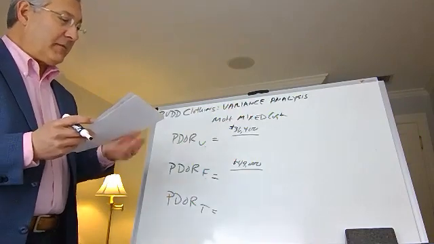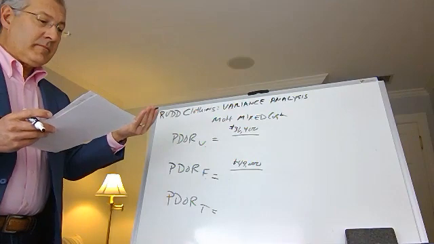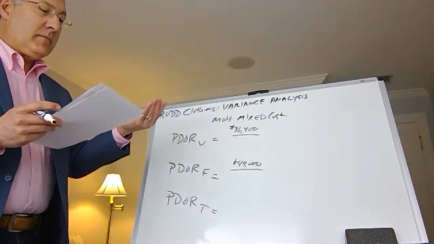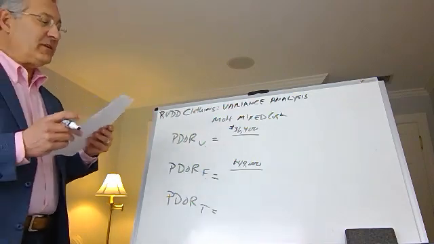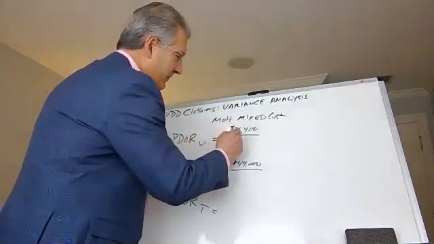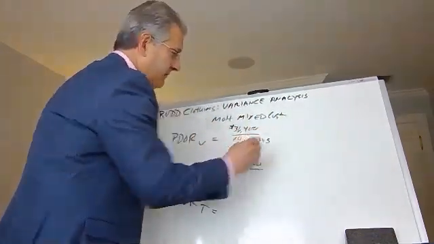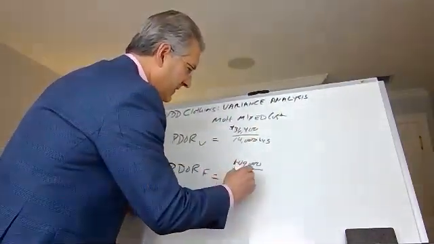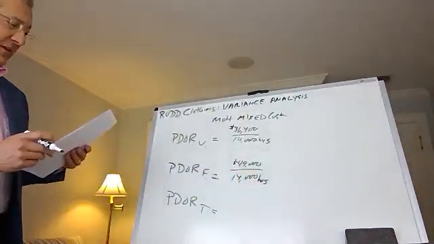Let's go back to the problem. First paragraph, last sentence: the month of May, when normal capacity was 14,000 direct labor hours. So the estimated activity was 14,000 hours. That's going to be the denominator. That's going to be the estimated activity base for both of these.